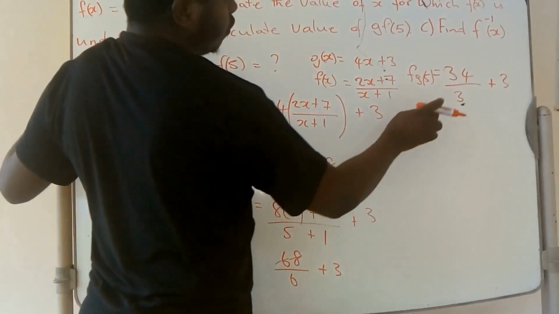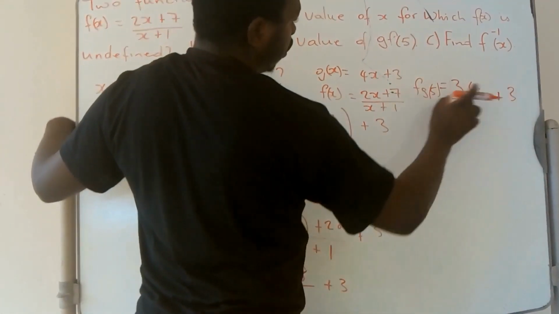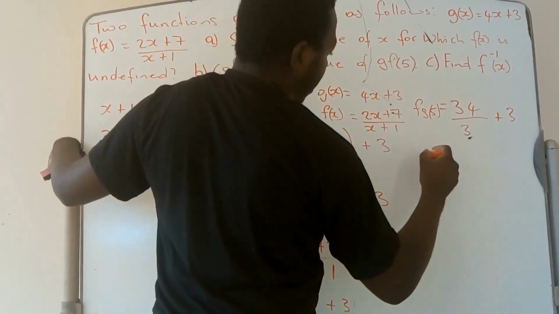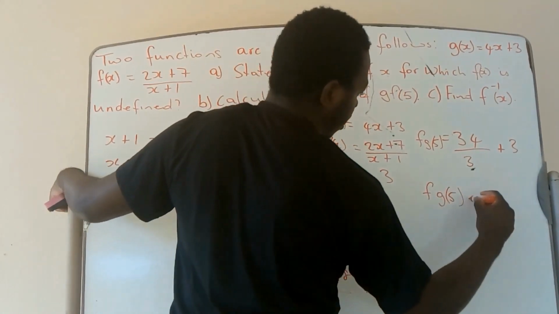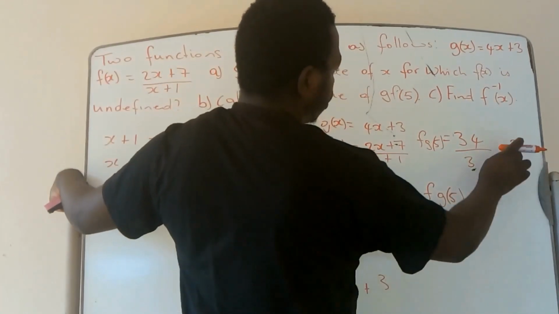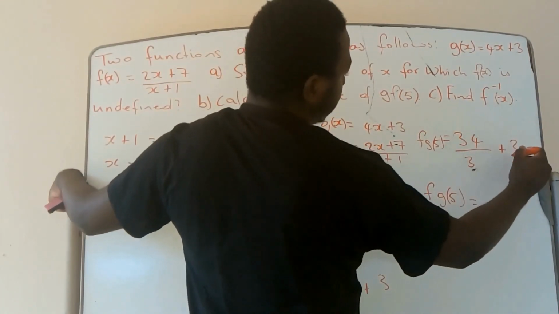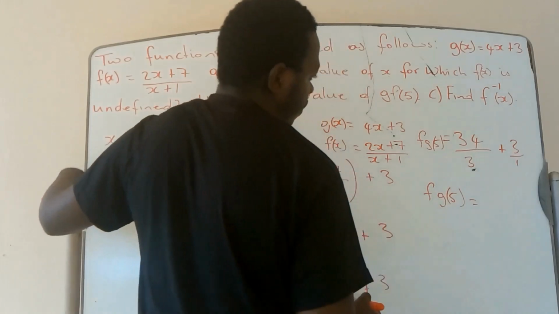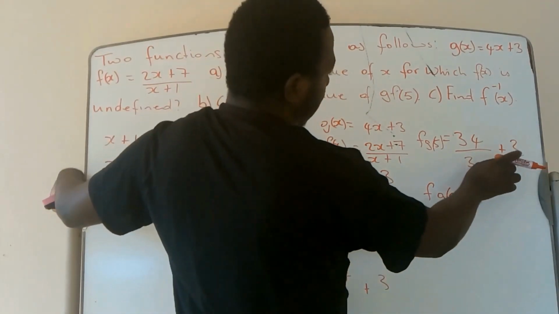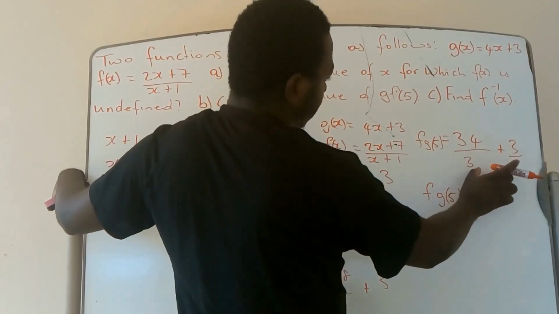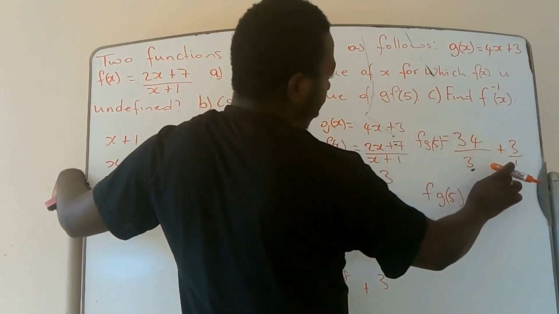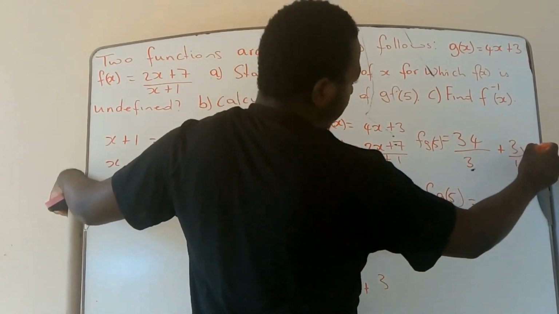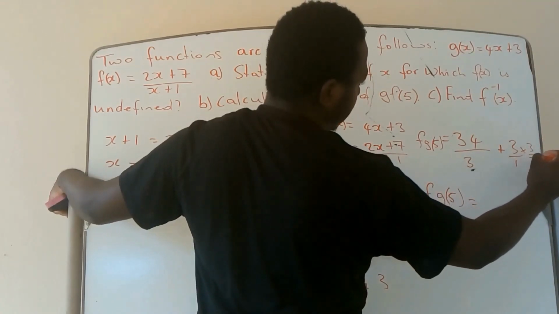So we could further combine both of these. We know that f of g of 5 is equal to 34 over 3 plus 3, and 3 is the same thing as 3 over 1. So I want the denominator to be the same. I could multiply 3 over 1 by 3 over 3.